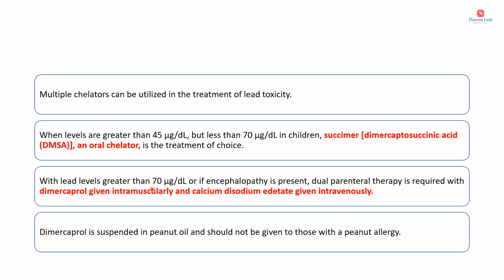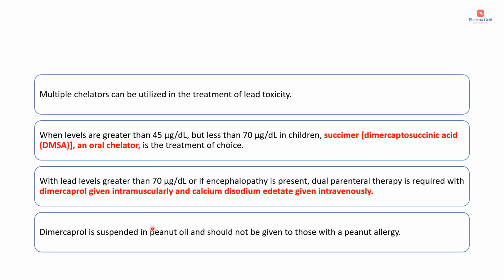With lead levels greater than 70 micrograms per deciliter, or if encephalopathy is present, dual parenteral therapy is required, with dimercaprol given intramuscularly and calcium disodium edetate given intravenously. Okay, so these all are the treatment options. So if the lead level is between 45 to 70 micrograms per deciliter in children, succimer, which is an oral chelator, is the treatment of choice.